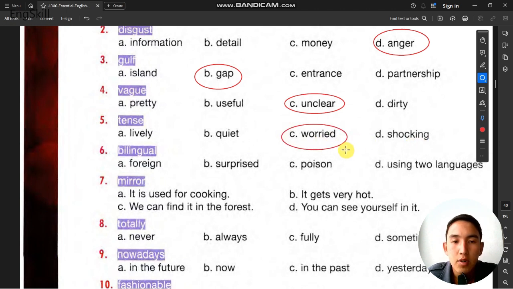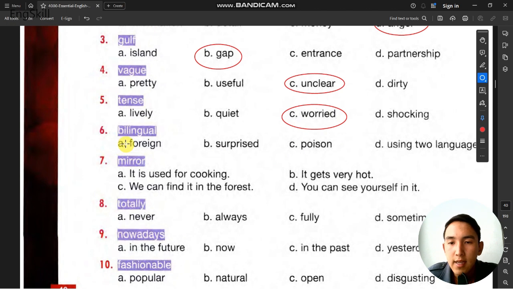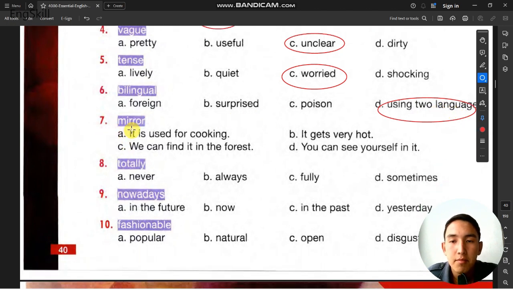Tense means worried. Number 6, bilingual. Foreign, surprised, poison, using two languages. Using two languages is called bilingual. Number 7, mirror. It is used for cooking.